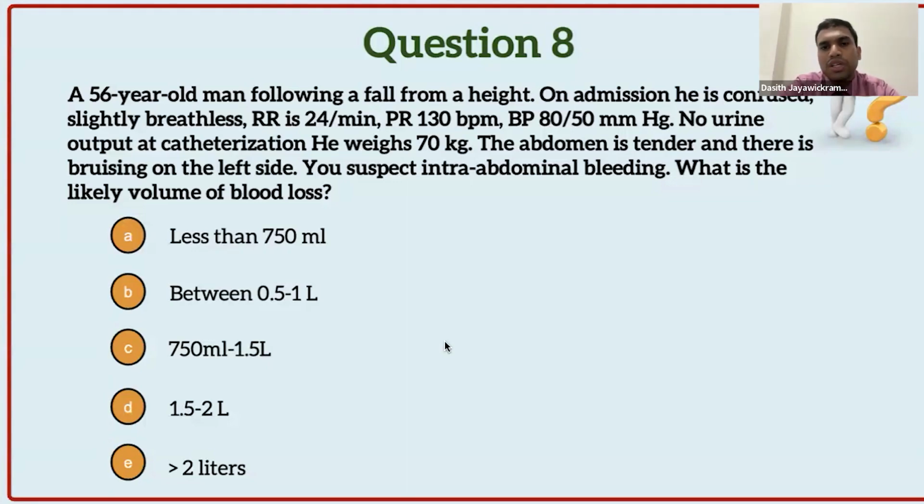So class 4 is more than 40% of blood loss. In a 70 kg, I told you the measurements are for a 70 to 75 kg adult. So what do you think? It's more than 2 liters, right? More than 40%.